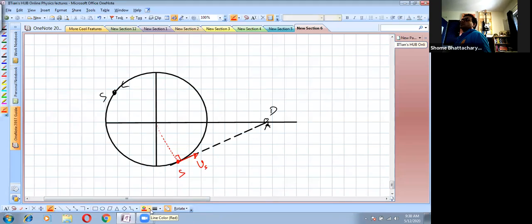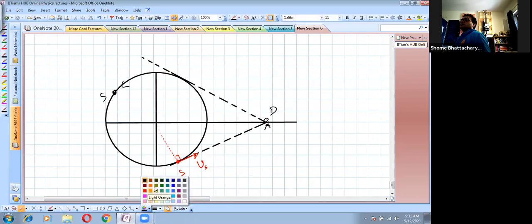Whereas when the source, on the other hand, is at some position symmetrical on the other side like this, this is when the frequency heard will become minimum.